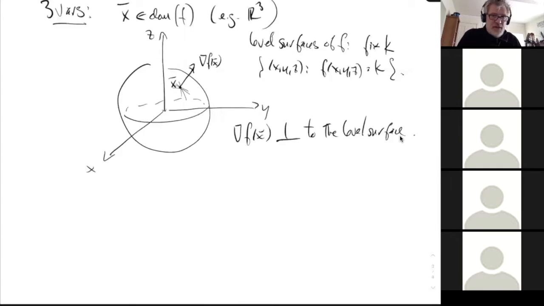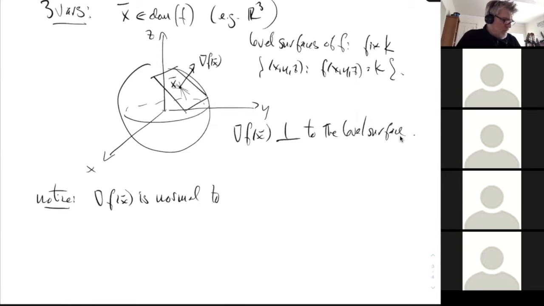So you have this vector, which would be the normal to the tangent plane. So if you think of a plane which is tangent to this surface like that, notice the gradient of f at x bar is normal to the intuitive tangent plane to the surface at x bar.